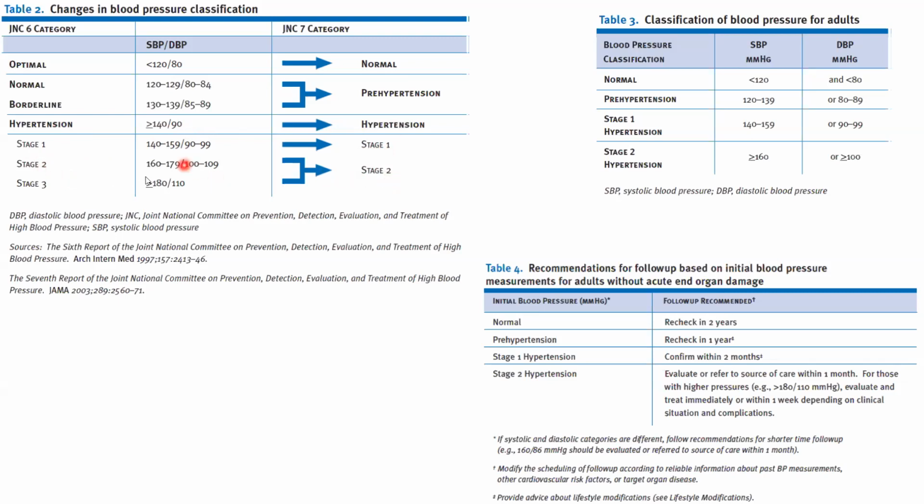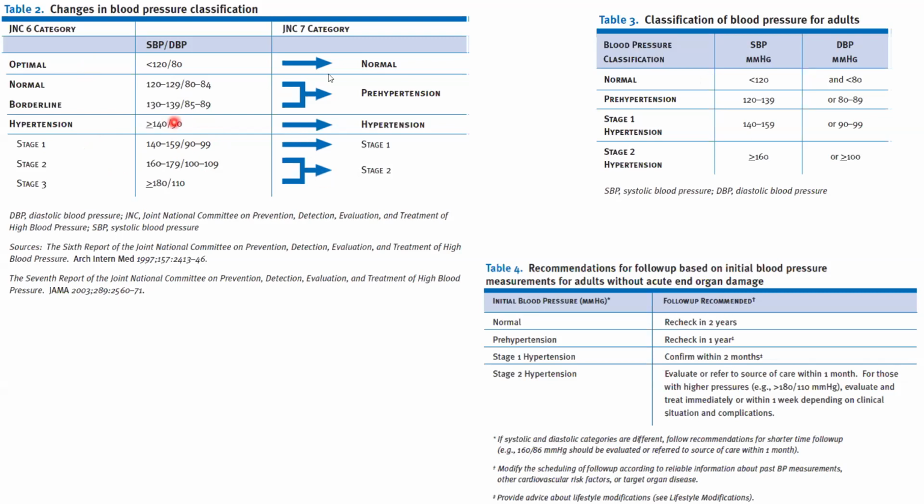So clearly, the incidence had gone up. Anything above 160 is now stage 2, and anything above 99 diastolic is now stage 2. It's important to look at it from a historical perspective as well, because that shows you the progression of disease and how experts are dealing with it now.